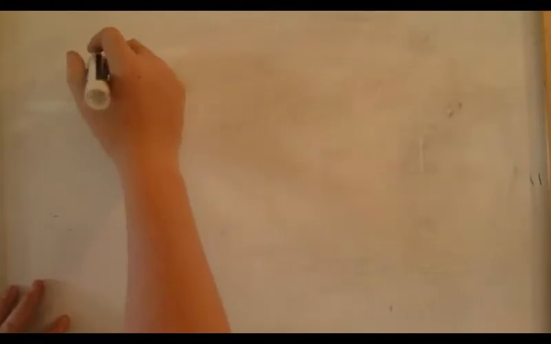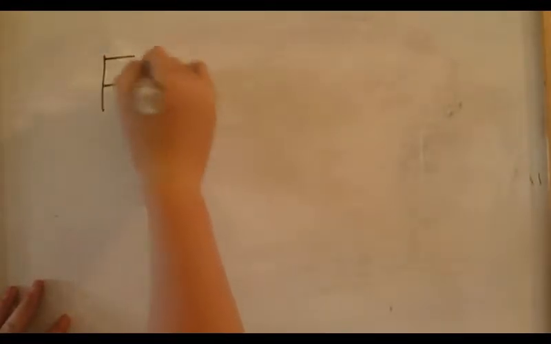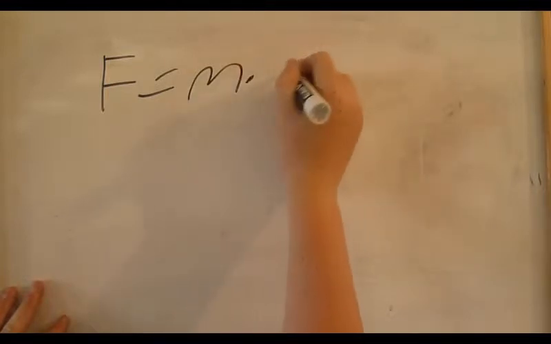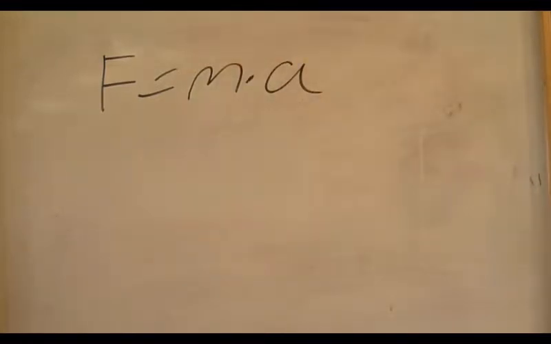So, to start off, there will be a few equations that are a little bit more advanced than just dividing stuff. The first one we will need to know is force equals mass times acceleration. That one will be used to figure out our mass acceleration.